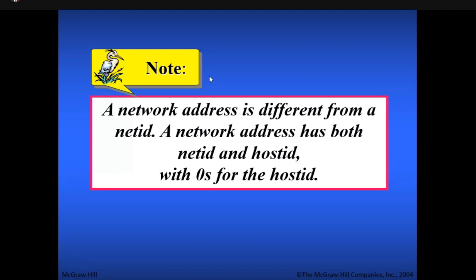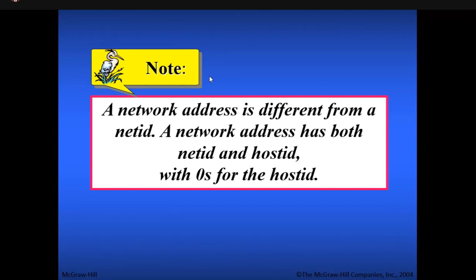A network address is different from a network ID. A network address has both net ID and host ID, with zeros for the host ID. We know the net ID is the first part of the address. So a network address has both net ID and host ID, and for the network address, the host ID will be zero.